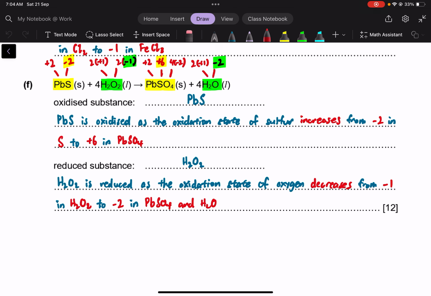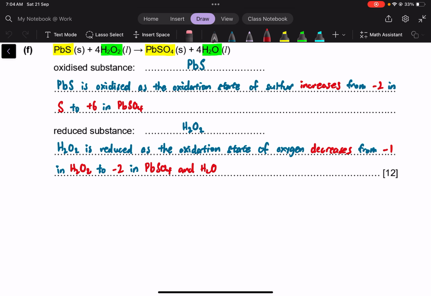So let us look at sulfur instead, because you will realize that sulfur increased from -2 in lead-2 sulfide to +6 in lead-2 sulfate. Do not look at lead, but look at sulfur instead. So we are comparing the oxidation state of sulfur and oxygen in this reaction.